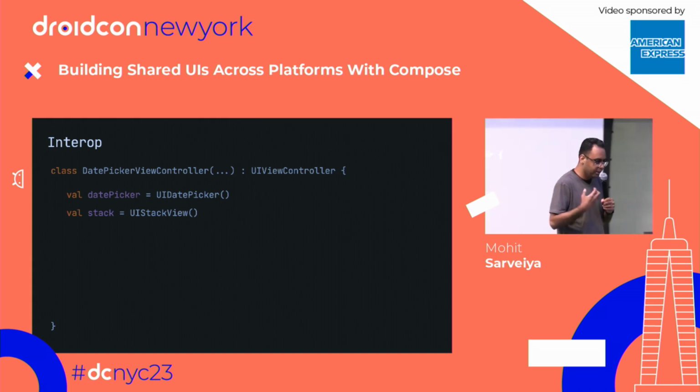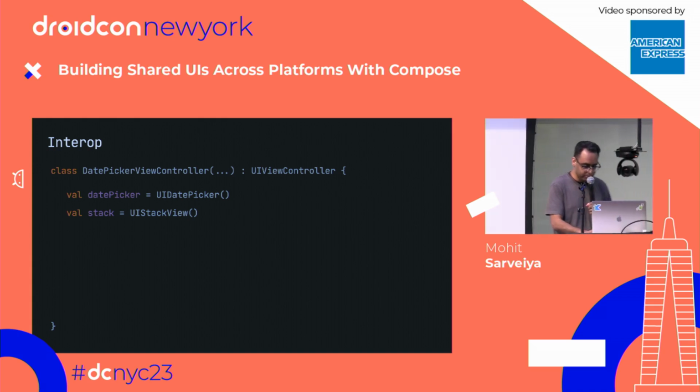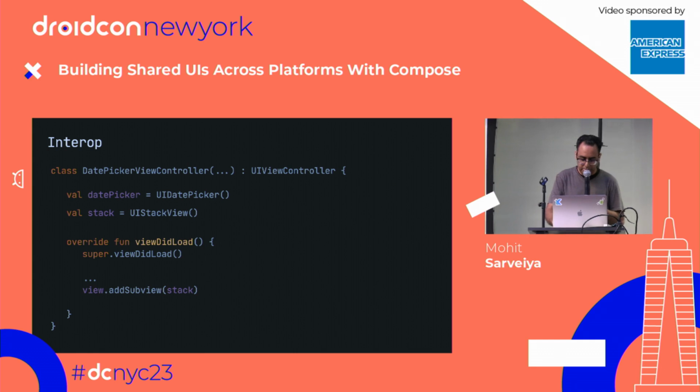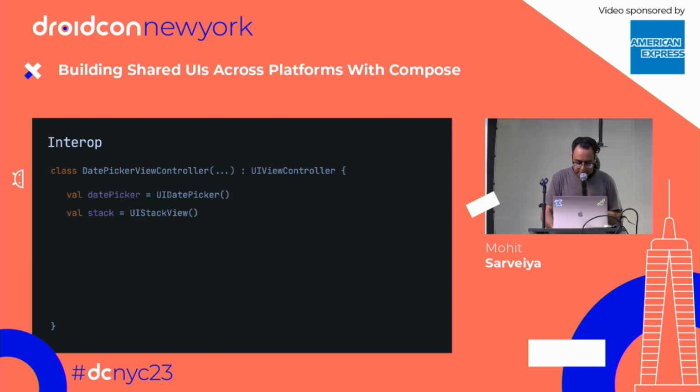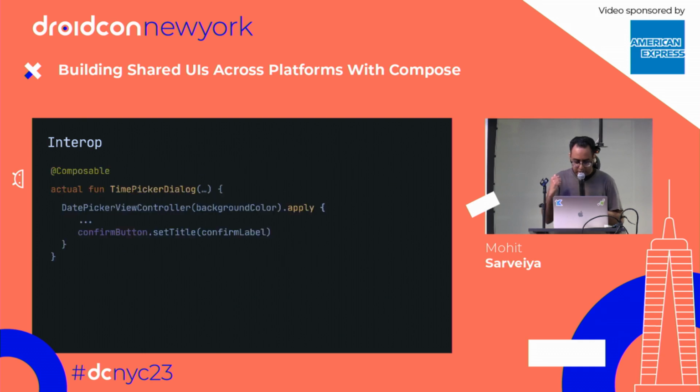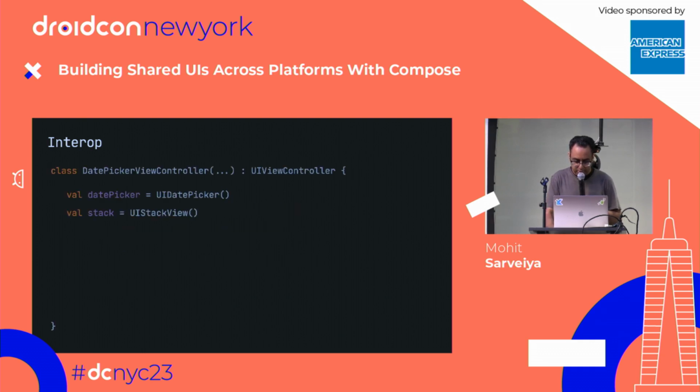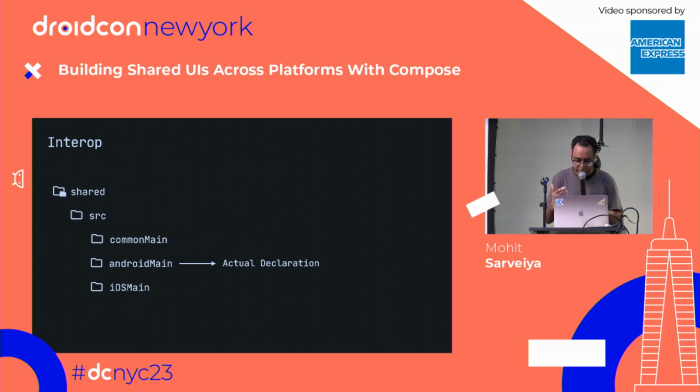I can provide those and build a UI from them, and that's what I'm doing here. I'm adding them as subviews in this UI view controller. That figures out how to create this time picker dialog from an iOS perspective.